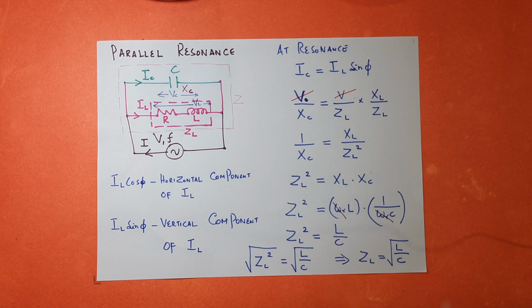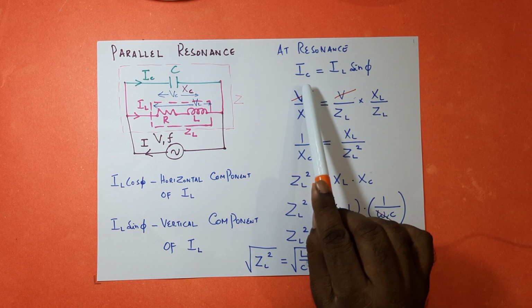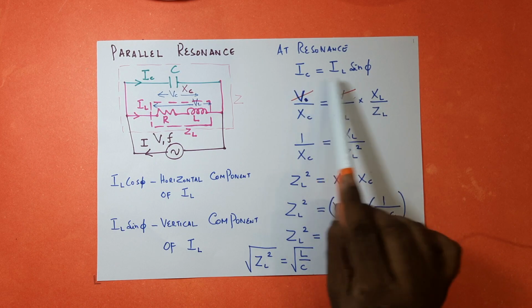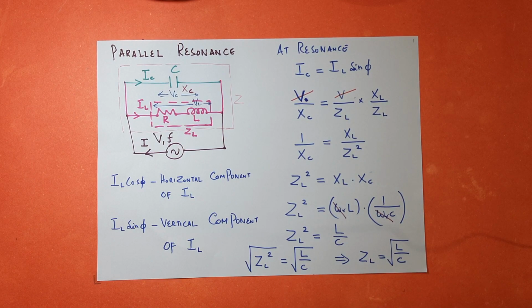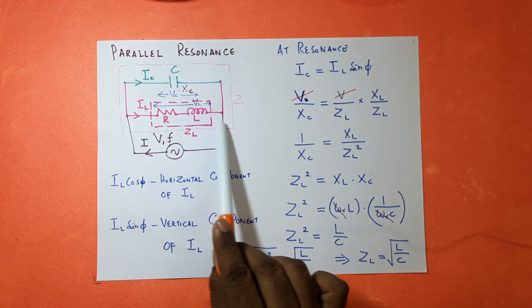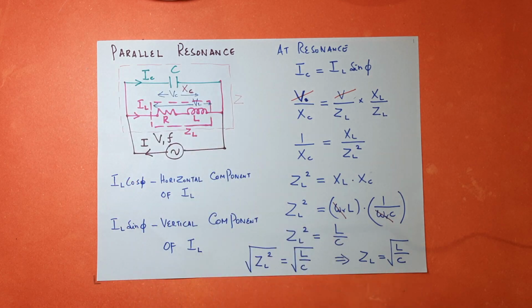At resonance, these two are equal. That is, IC, the current through the capacitor, equals the vertical component. So at resonance, IC equals IL sin phi. This is a parallel circuit, the same voltage appears across this branch as well as this branch.